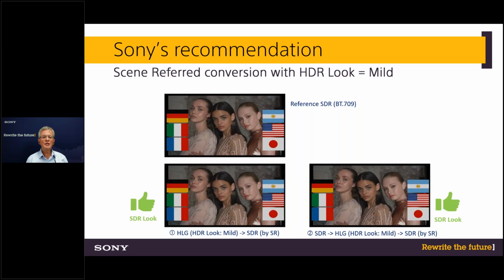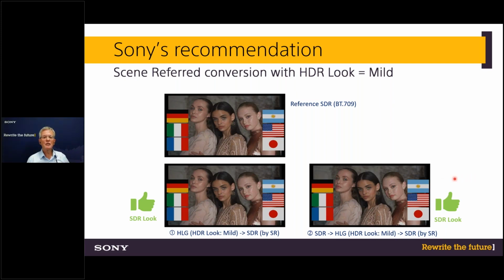Here you can see the result, a very good match between the original SDR image and the image when converting from HLG mild on the left, or completing a round trip from SDR to HDR mild here on the right.